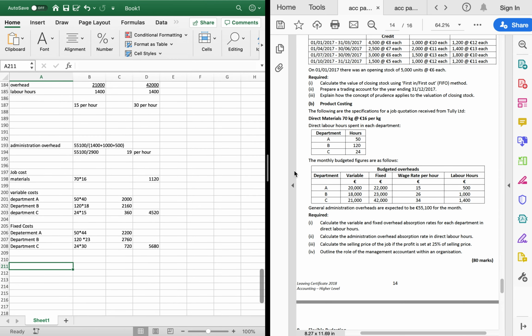The next one is our wages, same process. So it's department A, still 50 hours. The wage rate is 15. That's given to us here. Department B, the wage rate's 26, so it's 120 by 26.